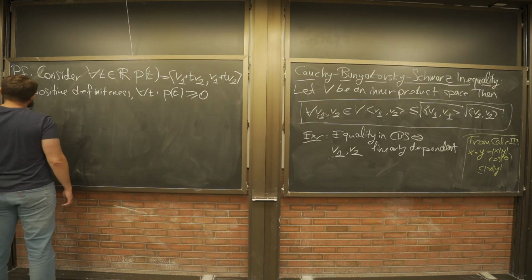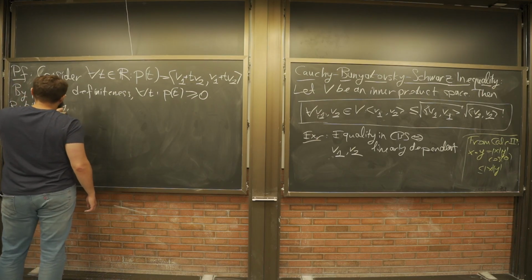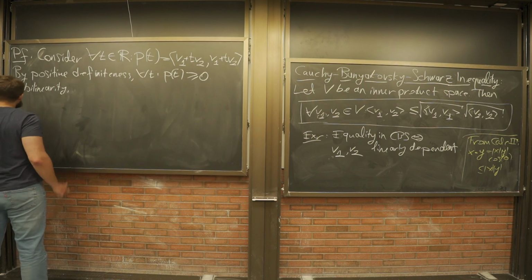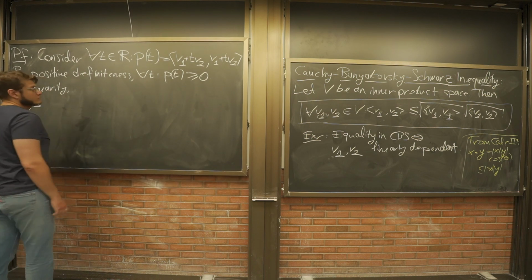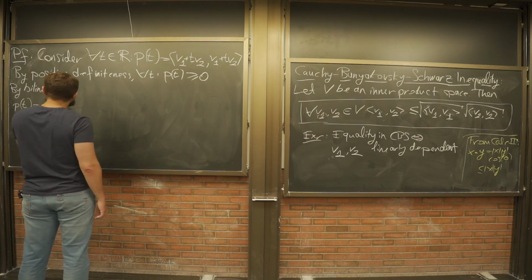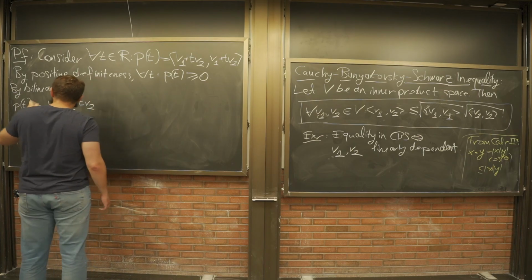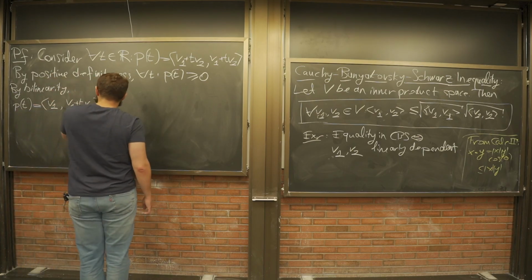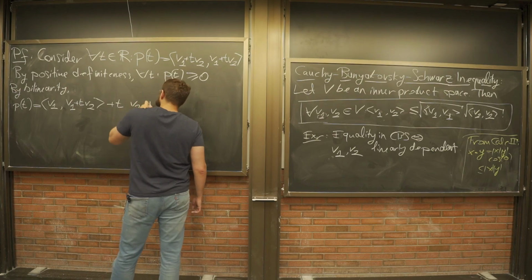By bilinearity, p of t is the following. Let's do this step by step. So now, first I'm going to fix the second entry and use the linearity in the first entry.